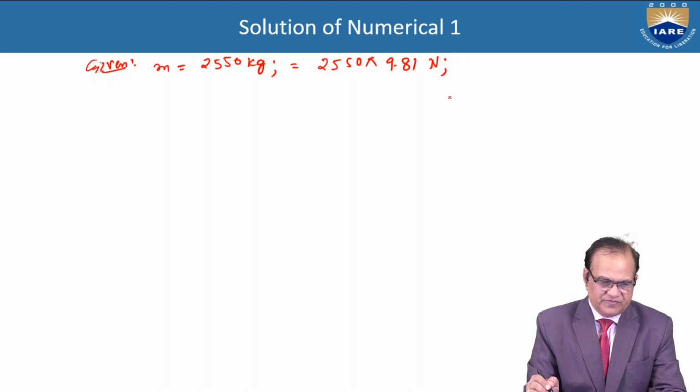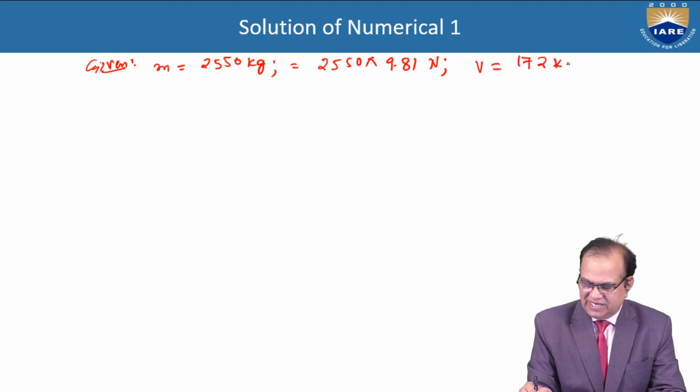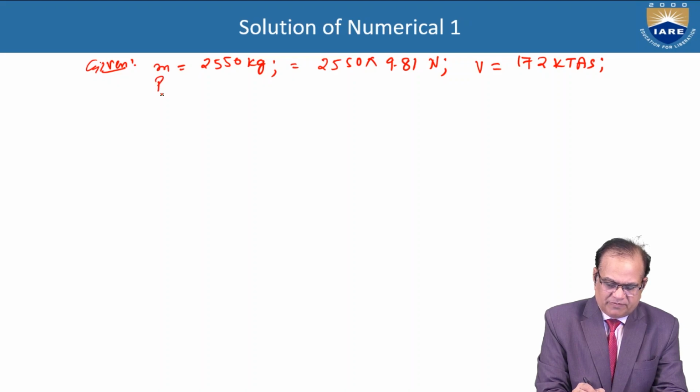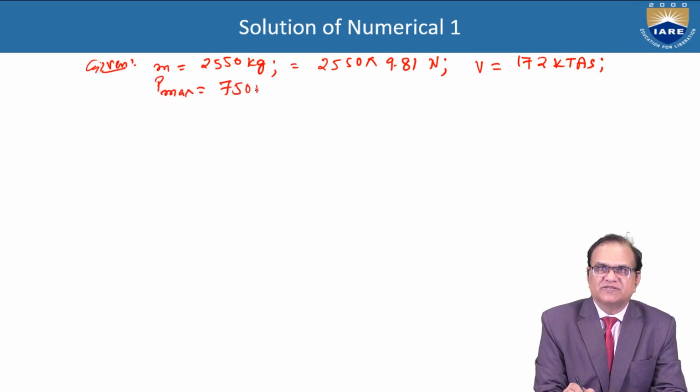This is the mass. Speed is given as V is equal to 172 knots. This is the true air speed. Power maximum P max is equal to 750 horsepower.